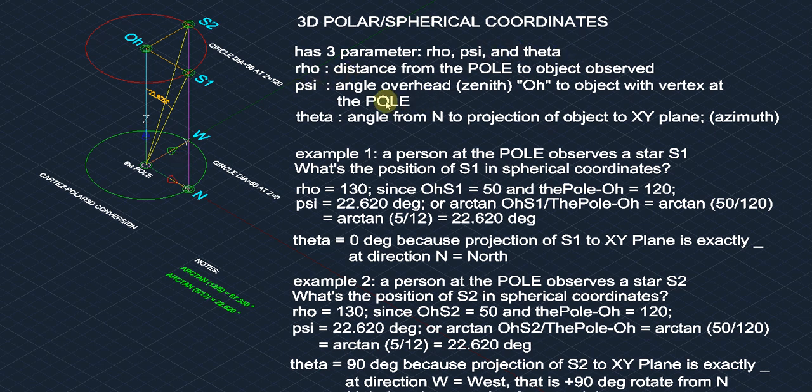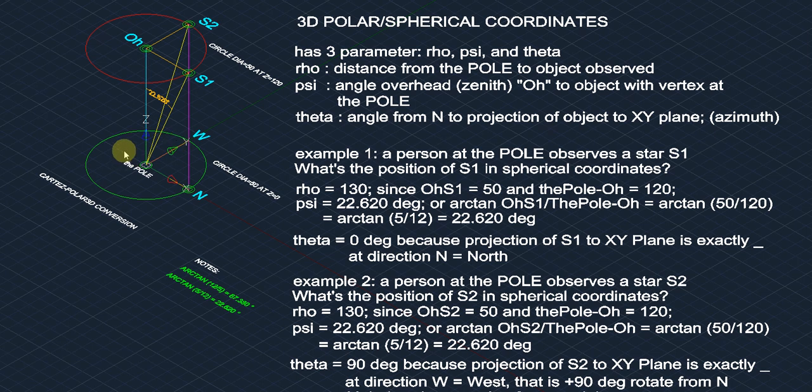Psi is an angle between the overhead and this object with the pole as vertex. So this is the angle from the overhead direction, measured from the pole, to S1.